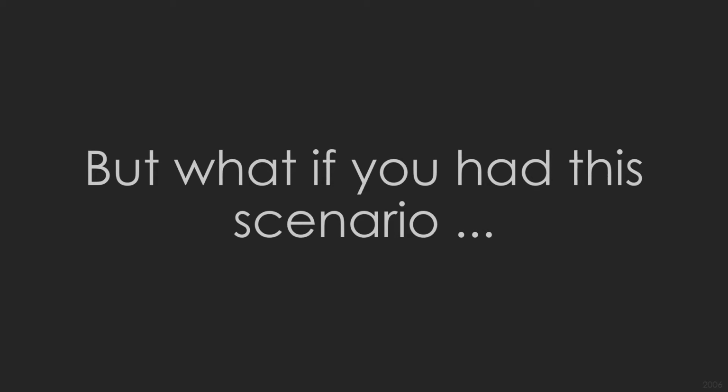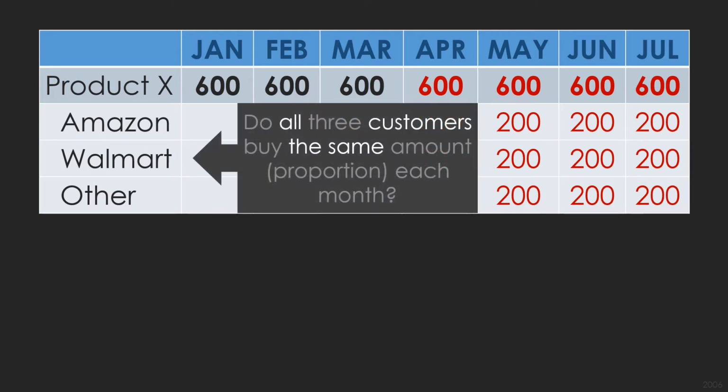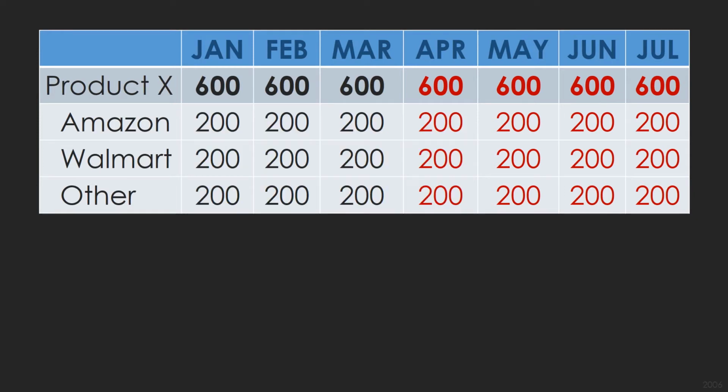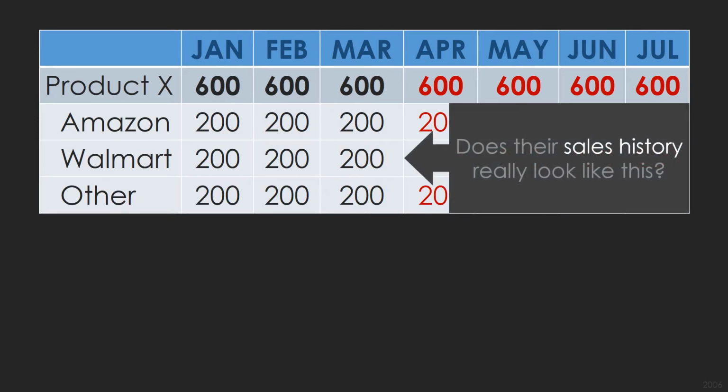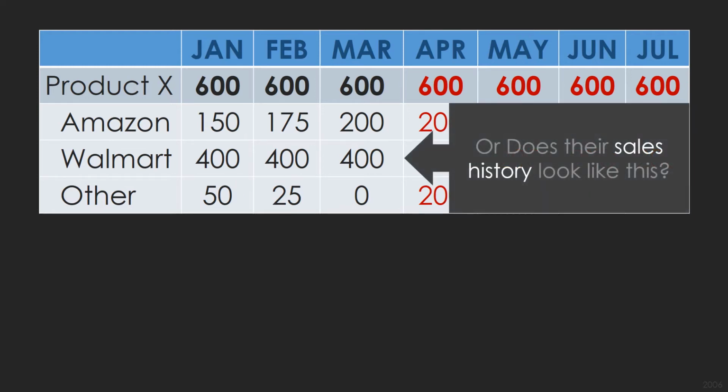But what if you had this scenario? Do all three customers buy the same amount proportion each month? Does their sales history really look like this? Or does their sales history look more like this?